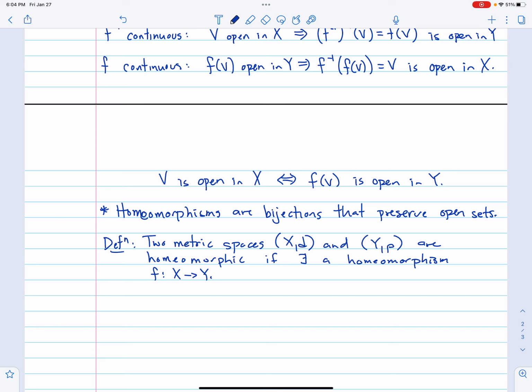And we think of homeomorphic spaces as essentially being metric spaces that are topologically the same. They have the same open sets.